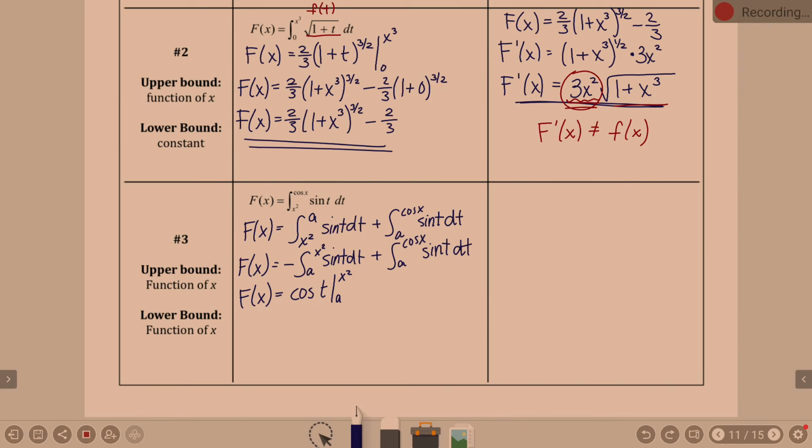And then plus the integral of sine down here. This one's going to be negative, right? Because there's already just a plus sign, so it's going to be the negative cosine of t evaluated from a to cosine x.